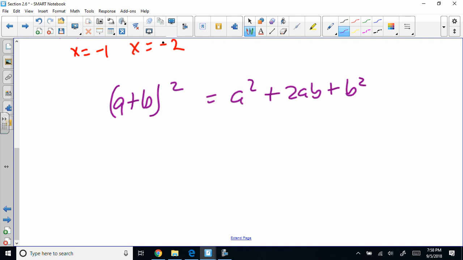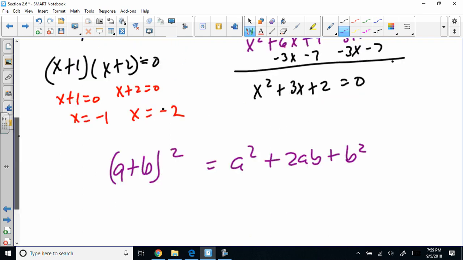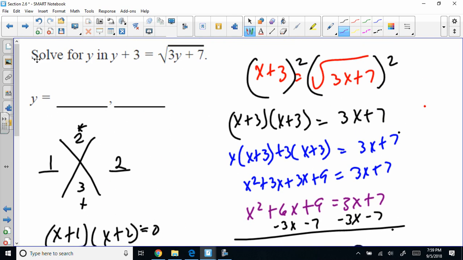So for a squared, most people go a squared and b squared, and you get the outsides. But here's what I want to show you. A times b times who? A times b times 2. Watch this. It makes life a lot easier. So we've got x squared, that's there.